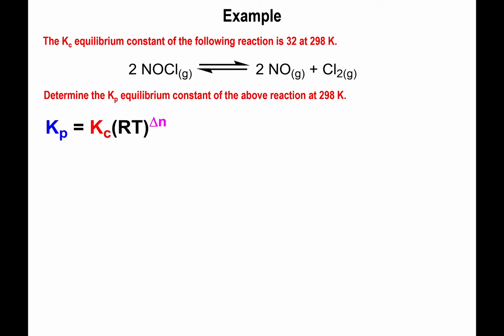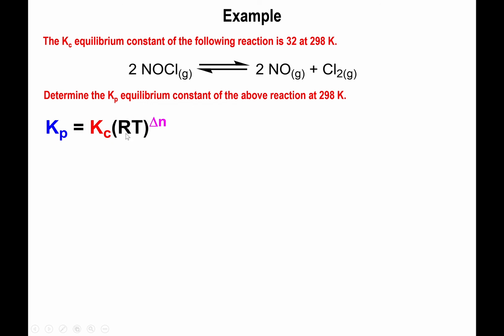So the first thing we do is set up the equilibrium constant expression Kc, which is equal to 32. So you can just input that value for Kc. The second thing you need is the temperature, and that's given here, 298 Kelvin.